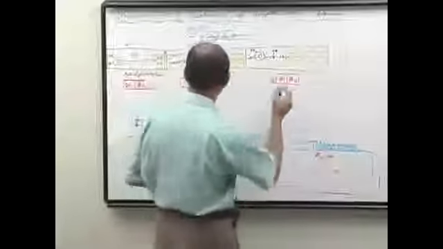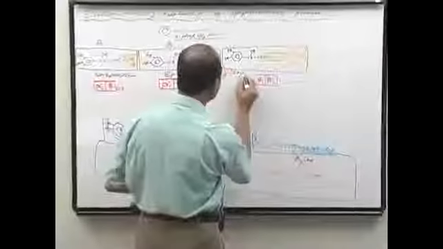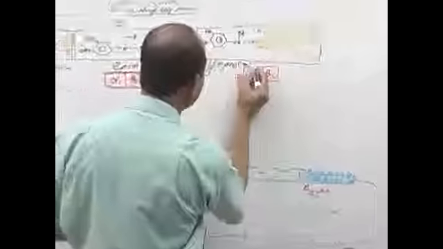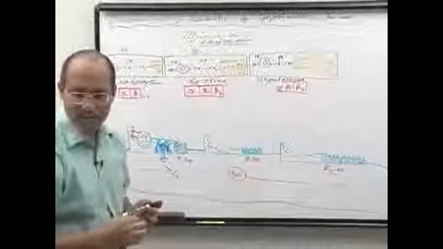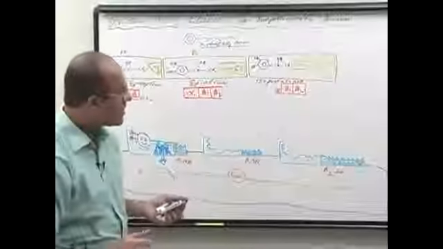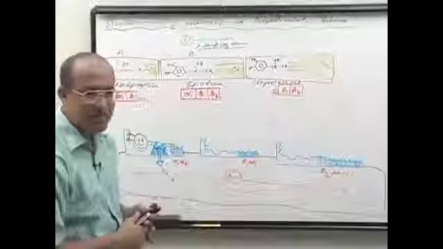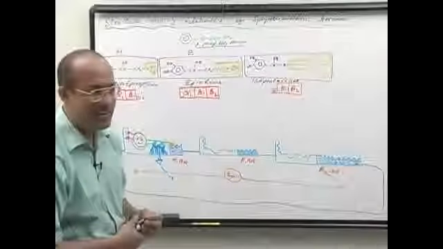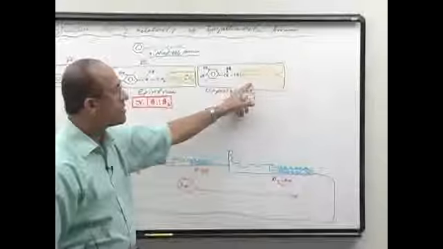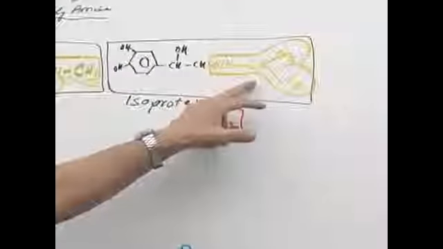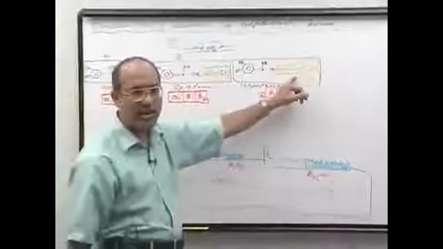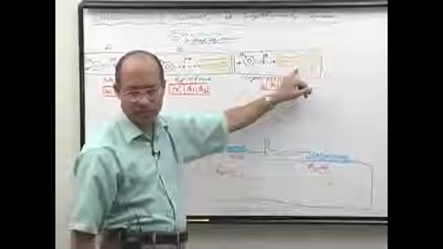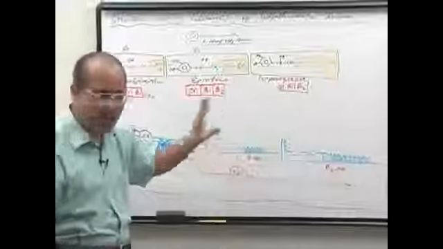Isoproterenol. Am I clear? No problem? So what happens in isoproterenol? At the amino end there is substitution with a heavy alkyl group, and because the amino end is very heavy, it loses alpha 1 action but it keeps the beta 1 and beta 2 action. Am I clear? No problem.